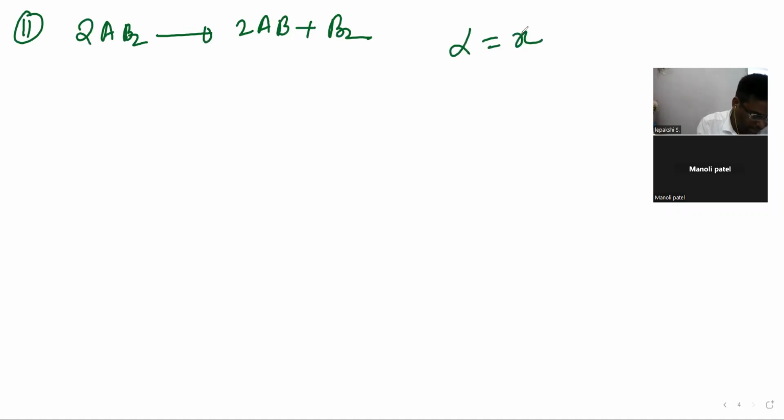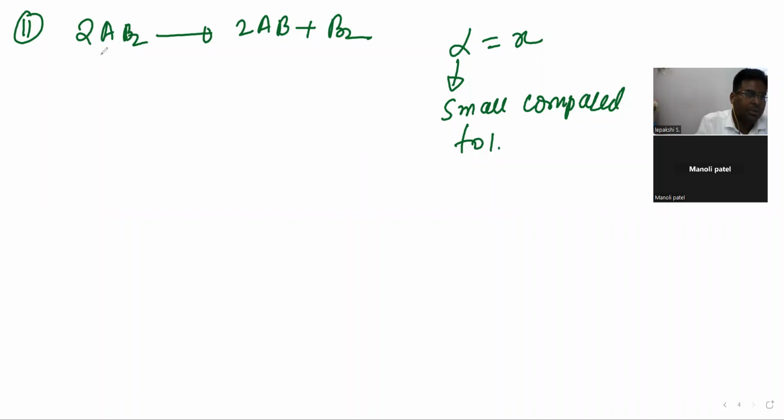Alpha means degree of dissociation, and it is very small compared to 1. The question asks for the relation of the degree of dissociation with equilibrium constant Kp and total pressure P. It was asked in 2008.